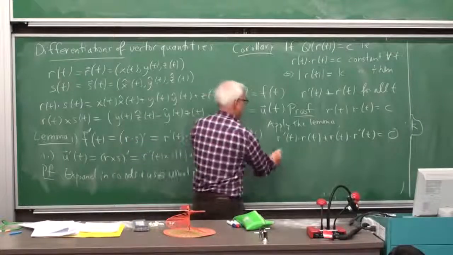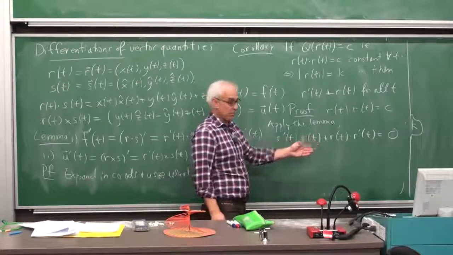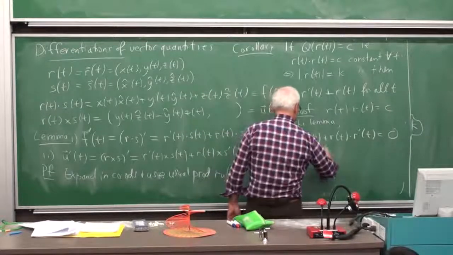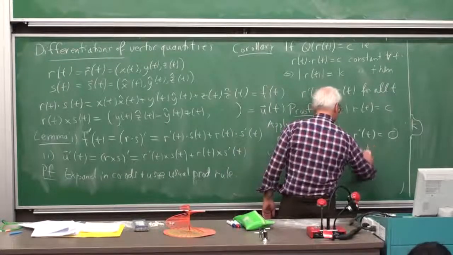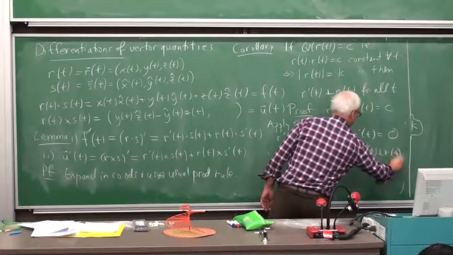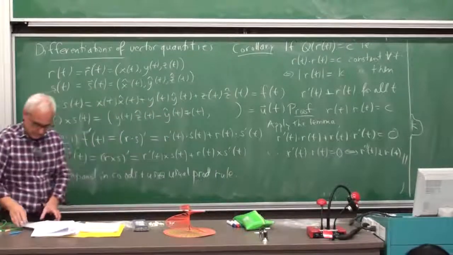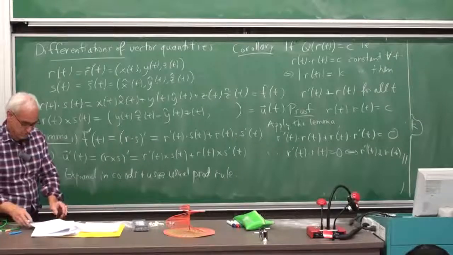And since these two things are actually the same because it's a symmetric bilinear form, therefore r prime of t dot r of t equals 0, and that tells us that r prime of t is perpendicular to r of t. Okay, so it's a simple but useful little formula.